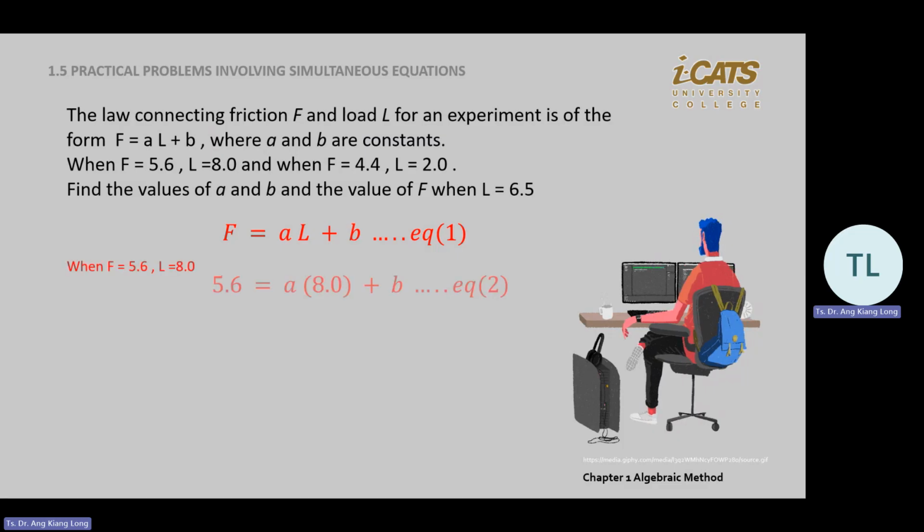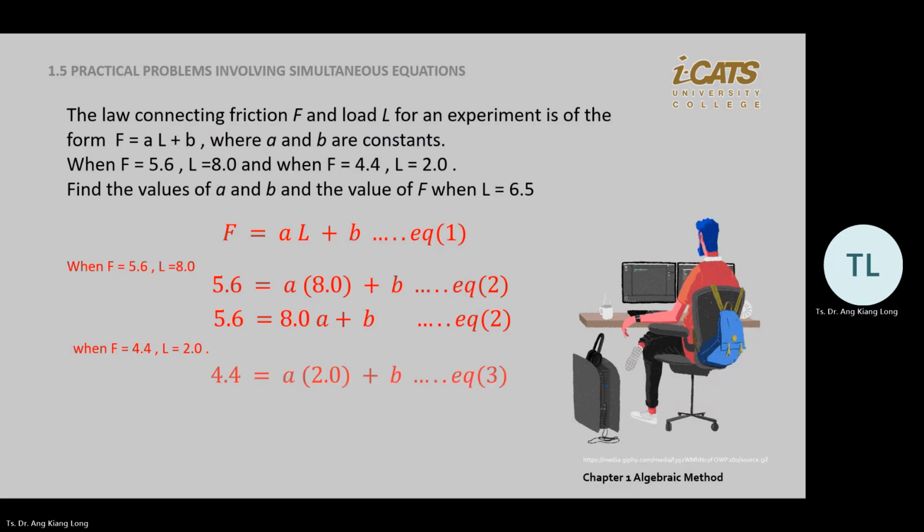Then you need to write the boundary condition in static or in the engineering problems. This is called boundary condition. It means the condition that you have, F equals something, L something, substitute inside there, you get one equation, equation 2. Repeat the same, F equals to something, L something, substitute back, you get this one.